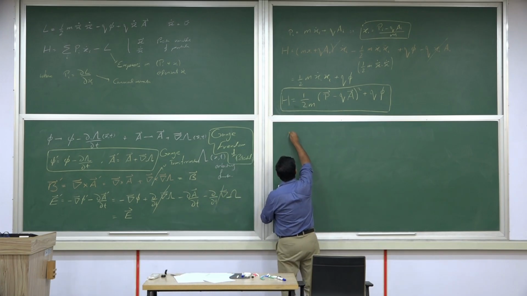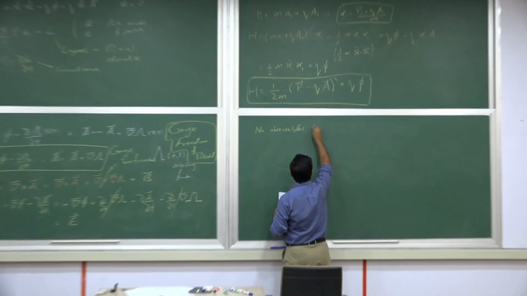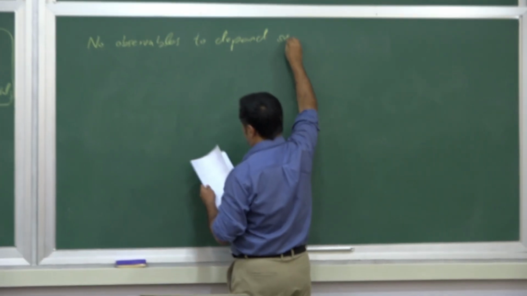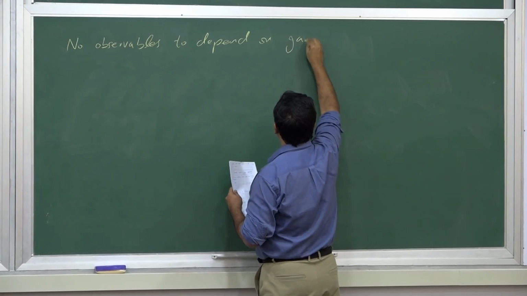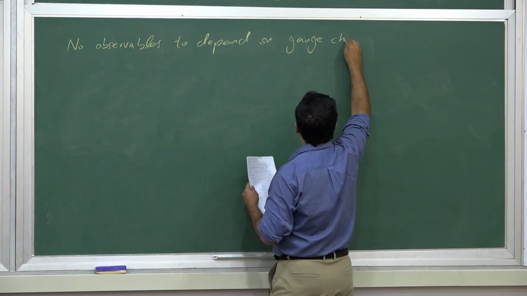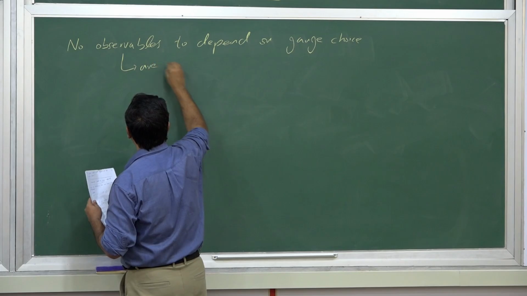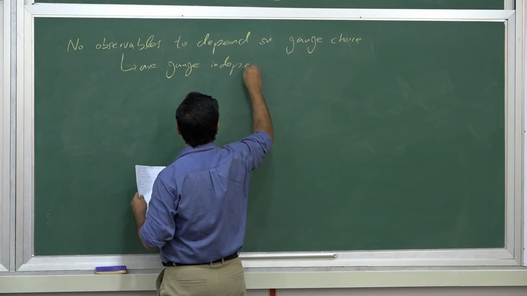So we want no observables to depend on gauge choice. Or you can say observables are gauge independent.